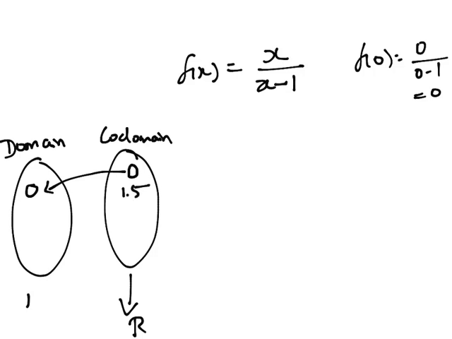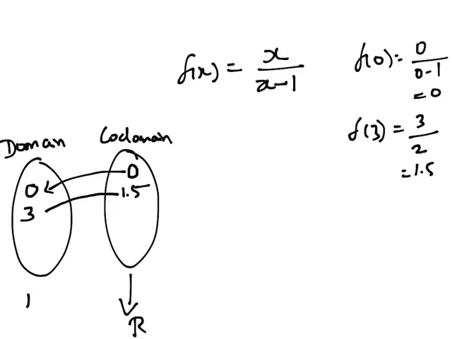I would like to know whether 1.5 is part of the range. 1.5 will be part of the range if you can find a number in the first set which is connected to 1.5. In fact, f of 3 will be 3 by 2, which is 1.5. So 3 is connected to 1.5, so 1.5 is part of the range.